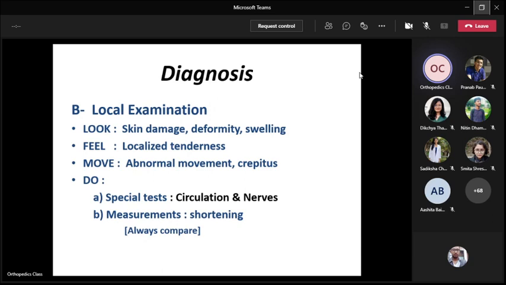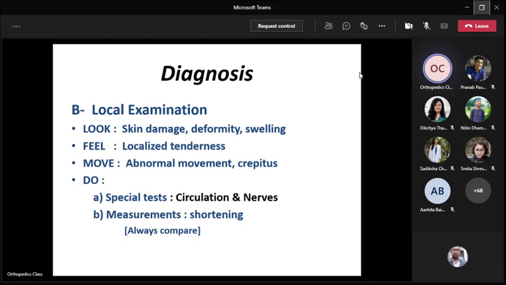Next comes the movement. Whenever a long bone breaks, there is an abnormal movement at the fracture ends. It won't move as a single one. When a single bone is broken, it will move in a different direction. But while testing this, you shouldn't hurt the patient. If the patient is having pain, you can avoid this test.